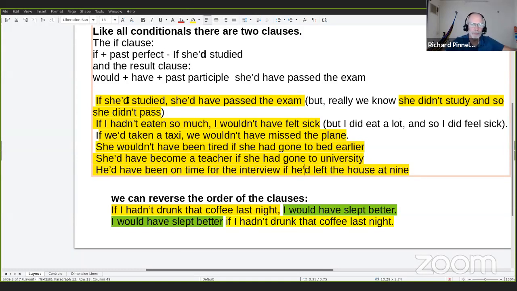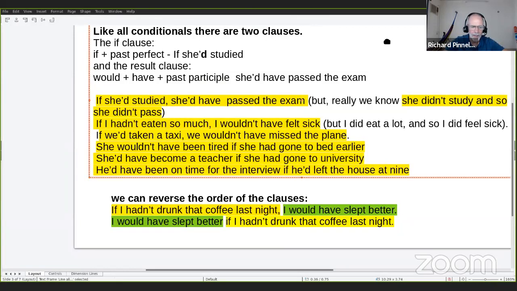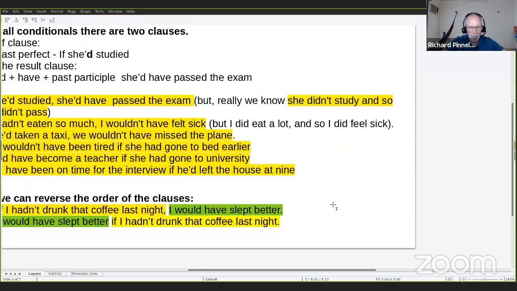Normally this is contracted, and the pronunciation of the have is more like "uhv." You can't write it like that, but I'm using a double contraction.